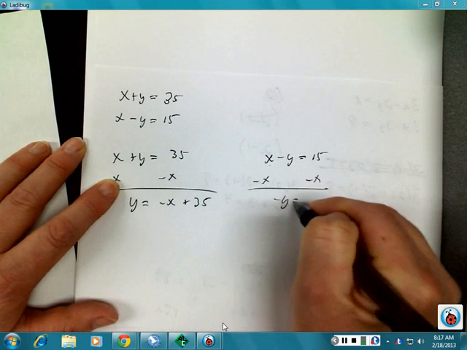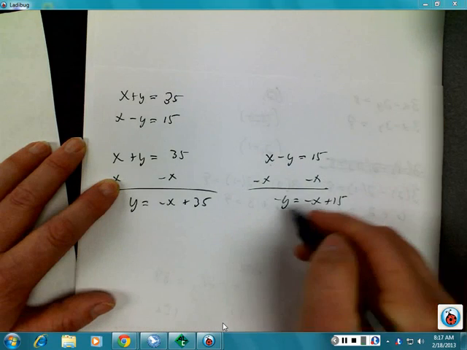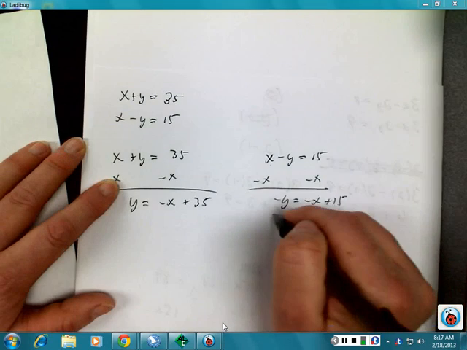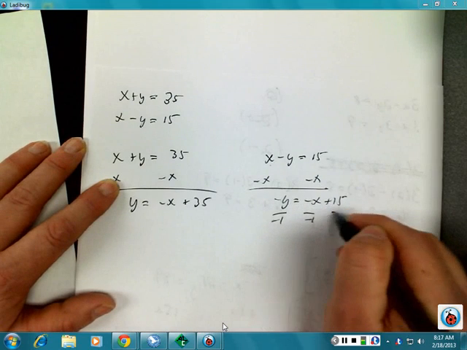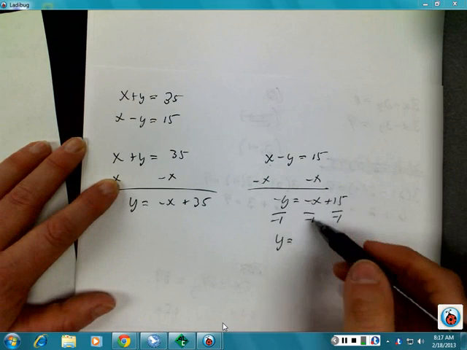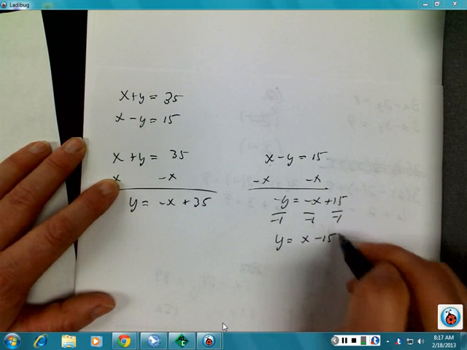Leaves me a negative y equals a negative x plus 15. But I'm not done, am I? No, because I've got to get y all by itself, so that means I divide everything by negative 1. So then I get y equals, negative x divided by a negative 1 gives me a positive x, minus 15.